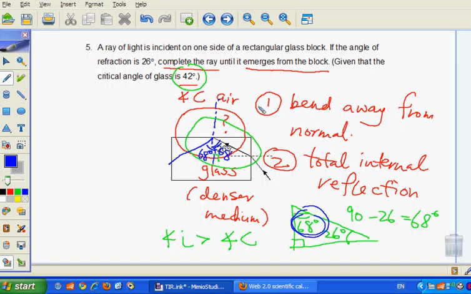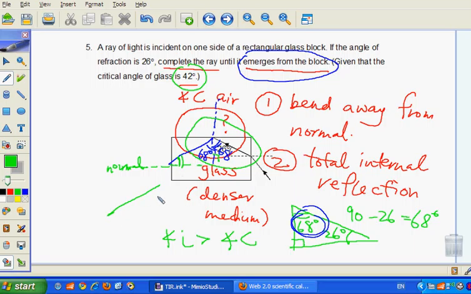We notice that it must emerge from the glass block, and at this point it has not emerged. So we have to continue to draw a normal here. This is a normal to the surface. So what will happen over here? Just now we calculated 68 here. There's another right angle triangle here.